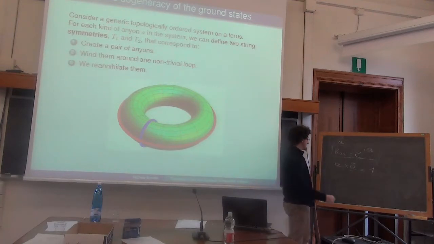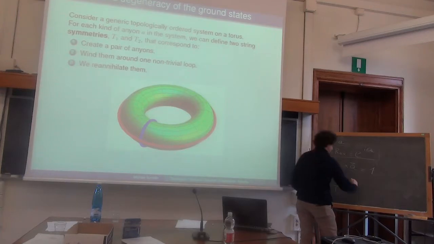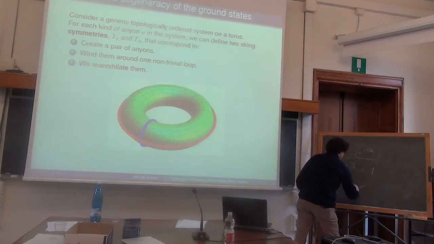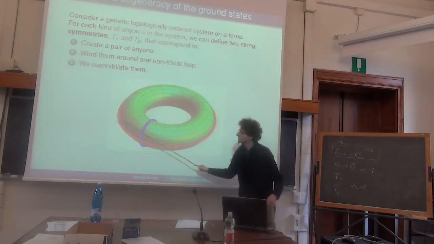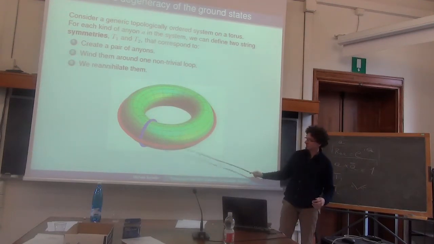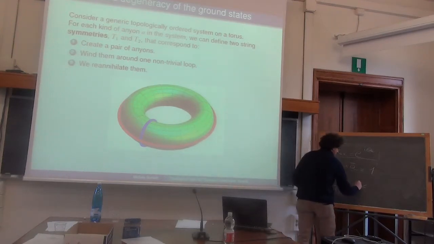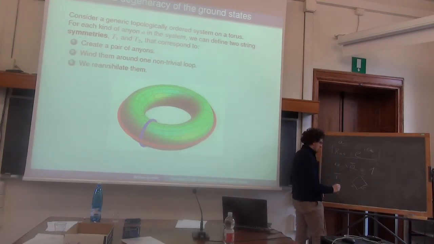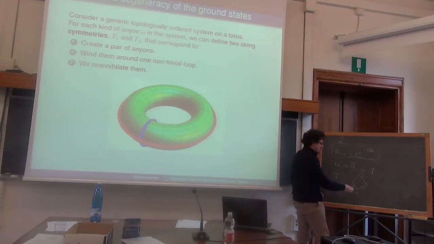So each topological charge has also the anti-charge. And you may see these operators T1 and T2 as the creation of a pair charge-anti-charge, which wind around one of the non-trivial cycles of the torus, for example the blue one. So they go around this cycle, and then in the end they re-annihilate on the other side. So I start from the vacuum, where the energy is 0, for example.